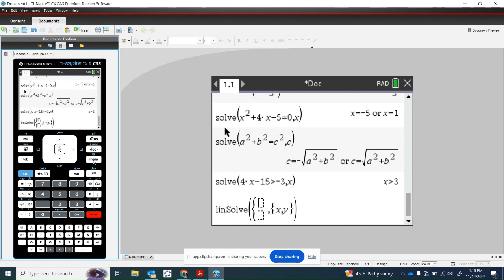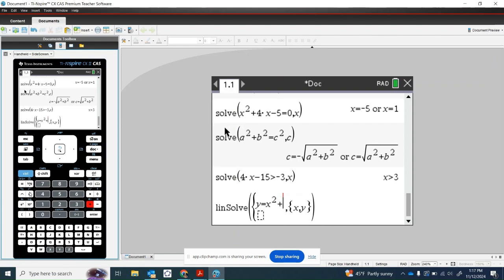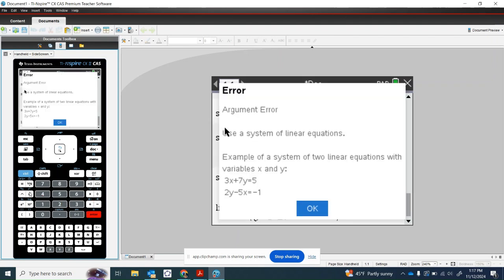So let's say we have y equals x squared plus 6x plus 11, arrow down, and y equals 4 minus 2x. Solve for x and y.